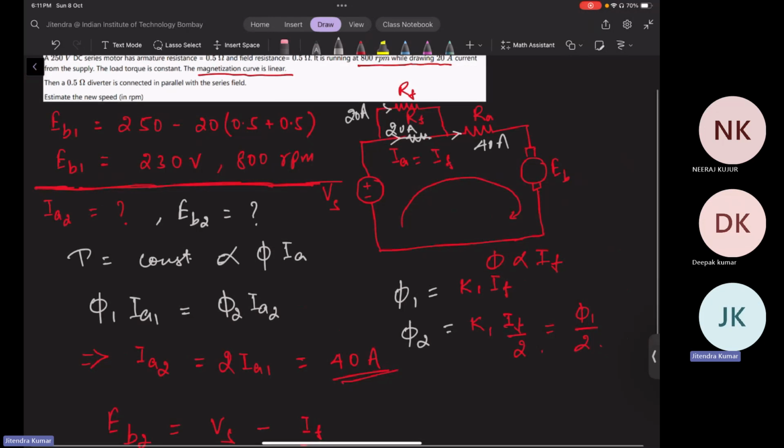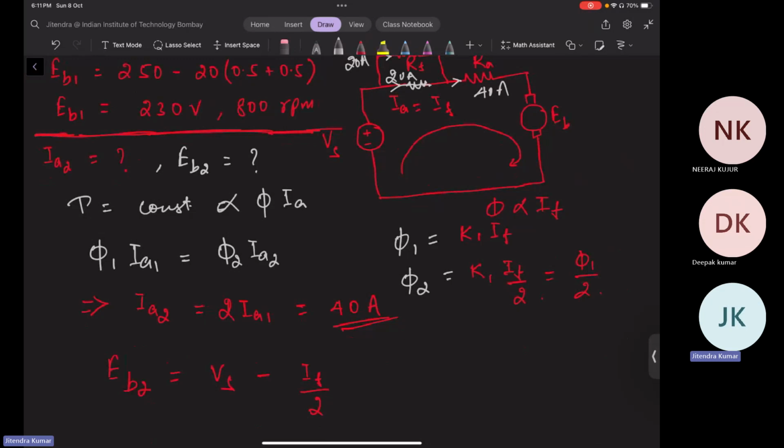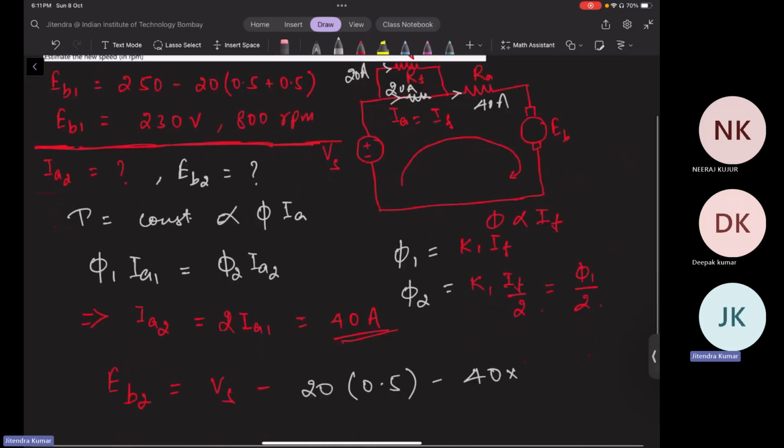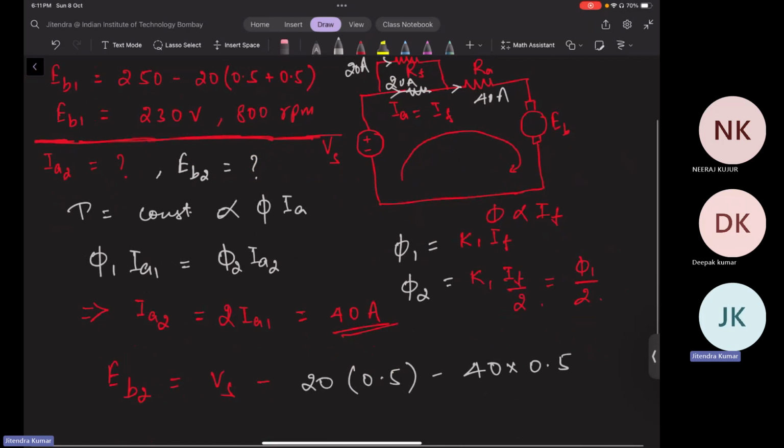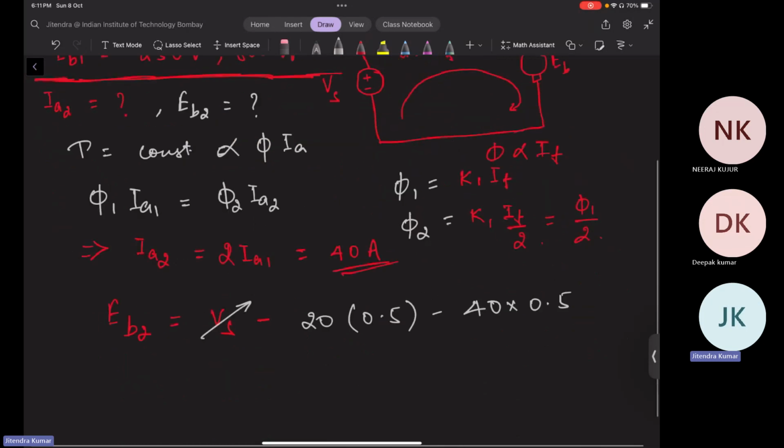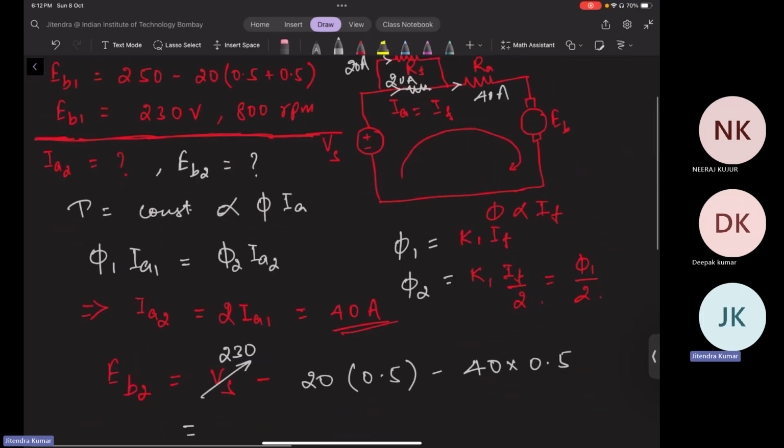So if you apply KVL, one resistance is there. So it will be 20 into RF 0.5 minus 40 into RA. RA is again 0.5, and VS is anyway 250, I guess.